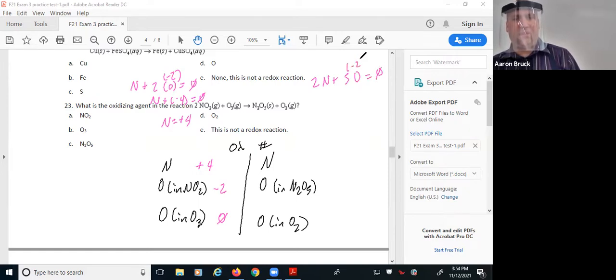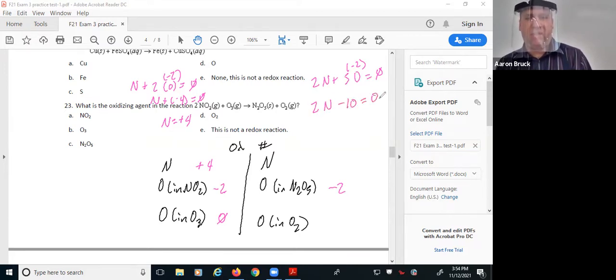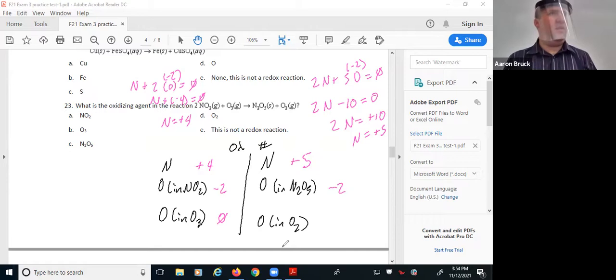Each one of these oxygens is -2. So I've got 2 nitrogen minus 10 is equal to 0. 2 nitrogen is equal to +10. So nitrogen is equal to +5. What's the state of oxygen in the oxygen molecule? Still 0.